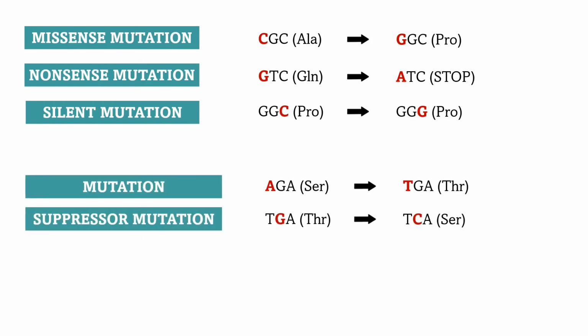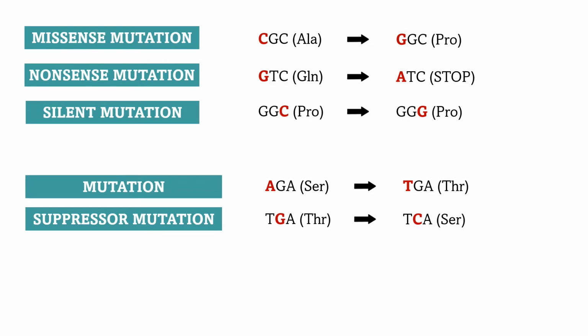As you can see here, we have a base substitution that is going to result in the synthesis of threonine instead of serine. However, the suppressor mutation which changes guanine to cytosine is going to produce a codon that specifies serine again, and therefore will suppress the effect of the first mutation.